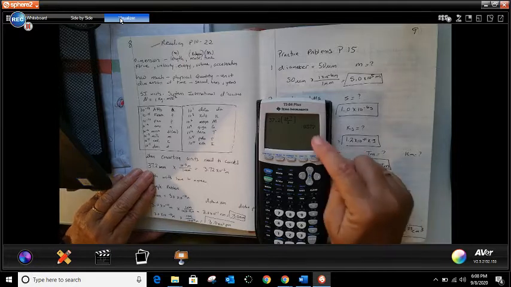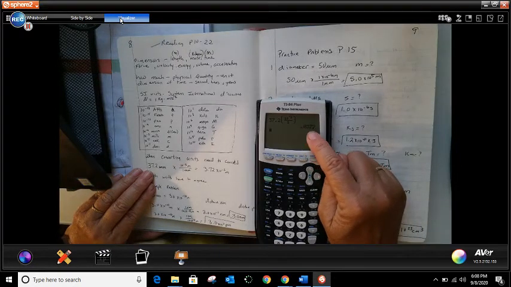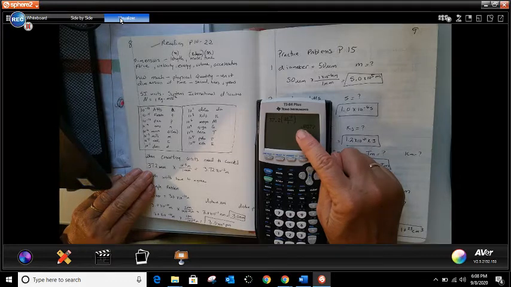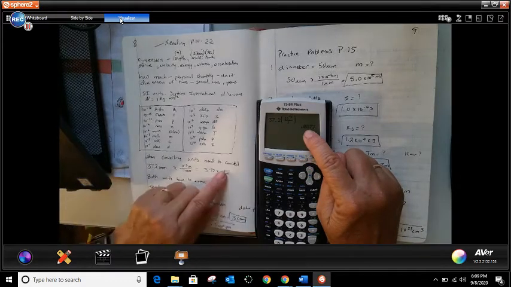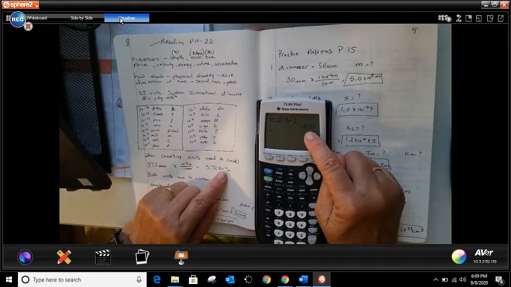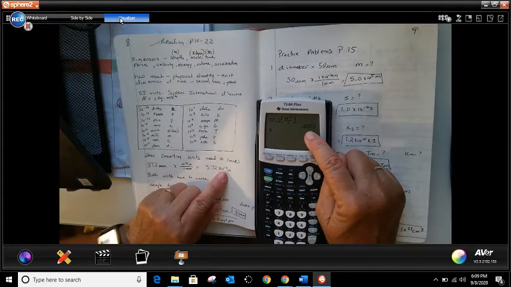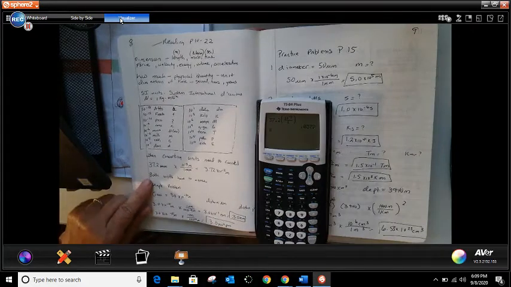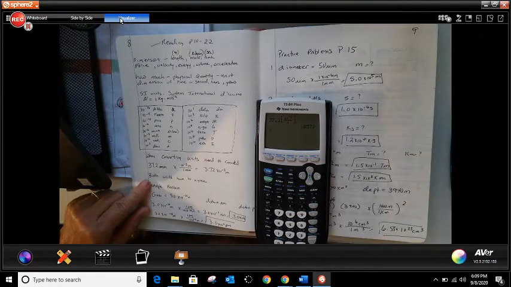And I get 0.0372. Now, we're going to do the conversion of that. And remember, if we're moving our decimal over 2 places, that's where we get 3.72 times 10 to the negative 2. Okay? So then both units have to agree when we're doing conversions.